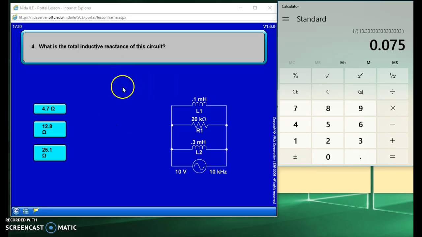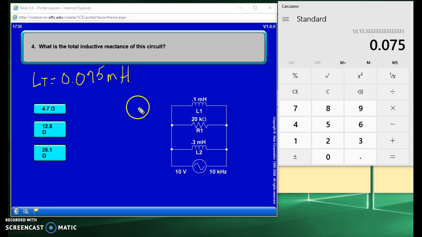Something didn't look right about the earlier result, simply because we were equal to our highest value rather than our lowest. So L total equals 0.075 millihenries.